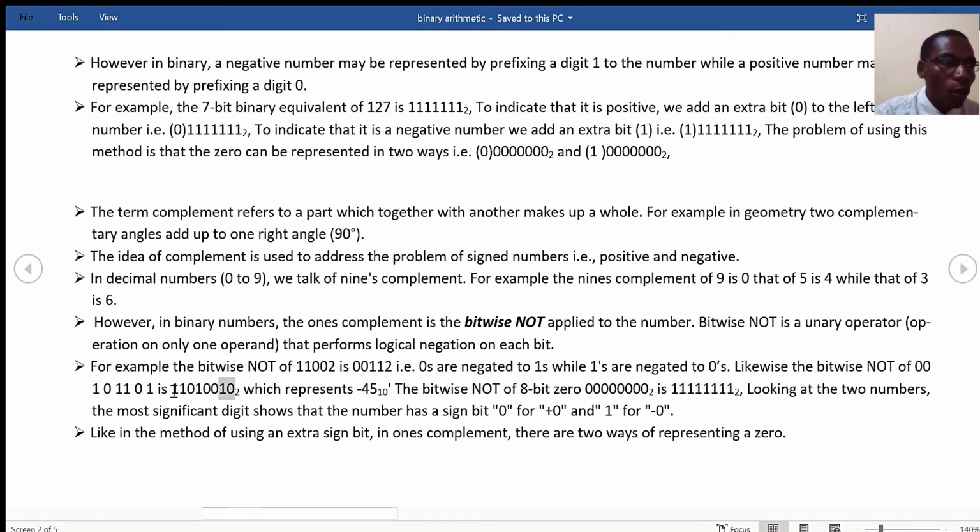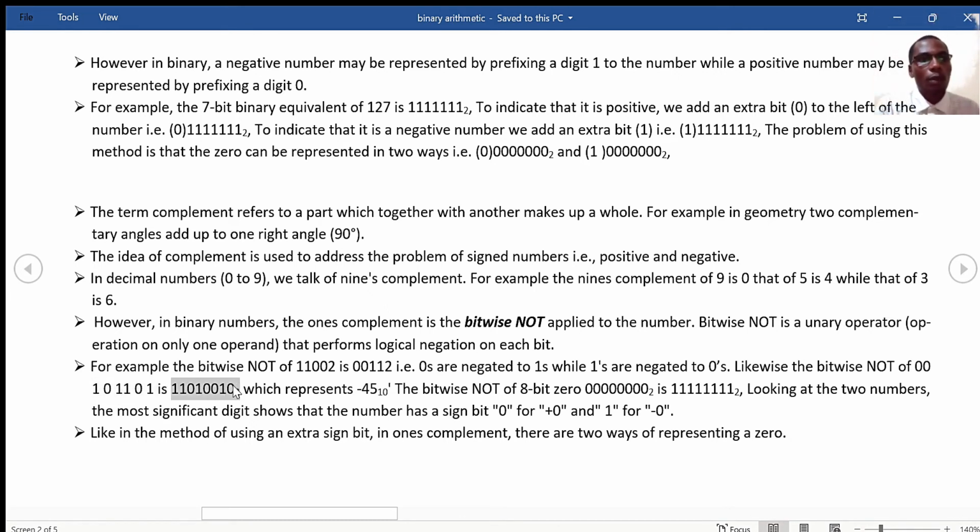You'll find that we have done negation. We add 45, and the complement of that number in binary form will be negative 45. This is 45, and this is negative 45.